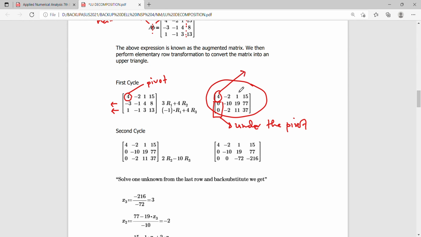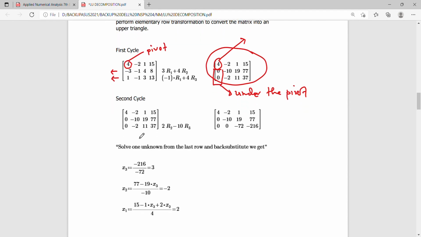and the second cycle, what we do is we are concerned with the zeroing of your negative 2 here by using this as your pivot. Okay, so your pivot now is negative 10 multiplied by the row in question plus the number below the pivot, 2, multiplied by the pivot row.